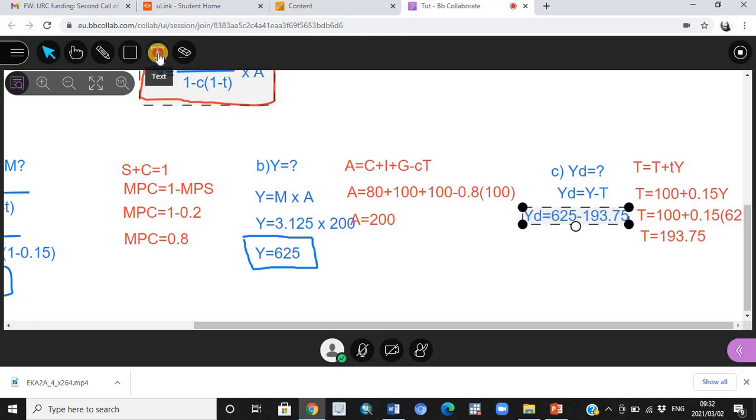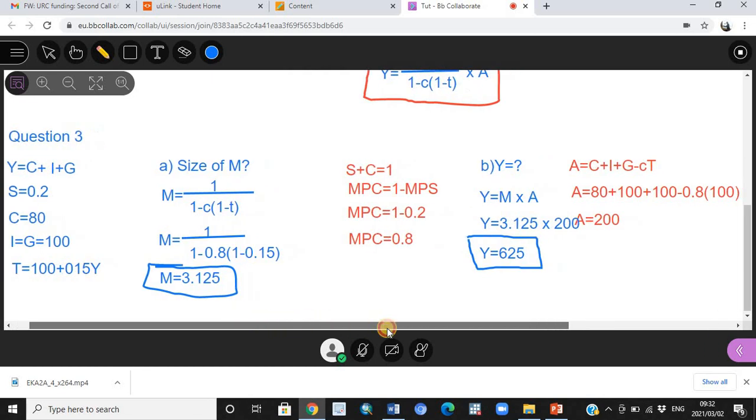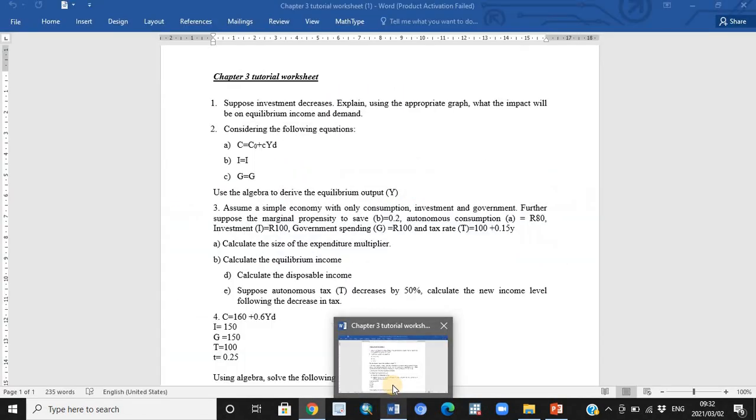All right, then my disposable income should be equal to 431.25. So this is my disposable income. Very good. So let's go now and see D. What does it say?